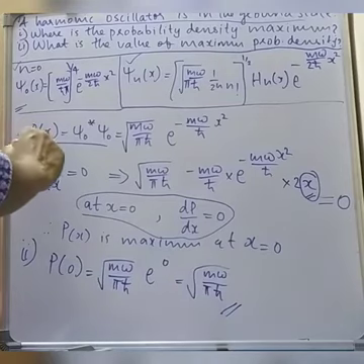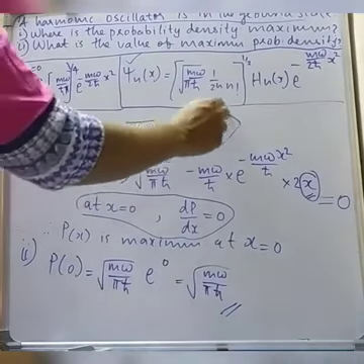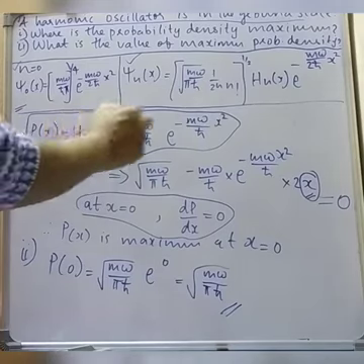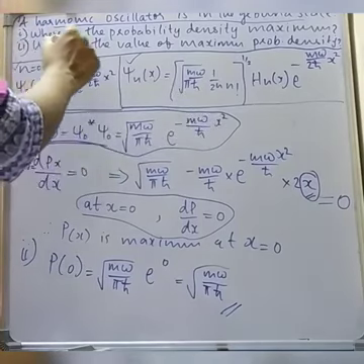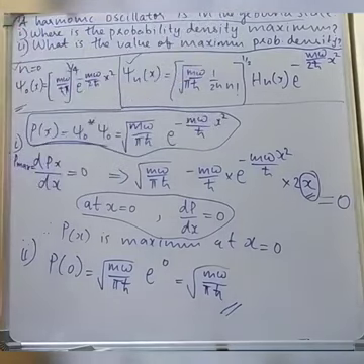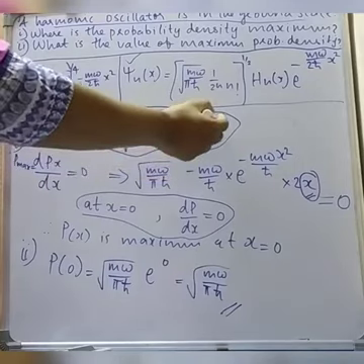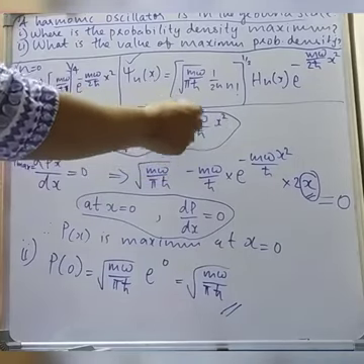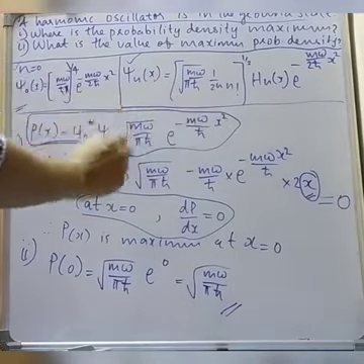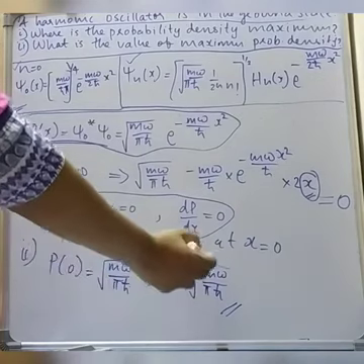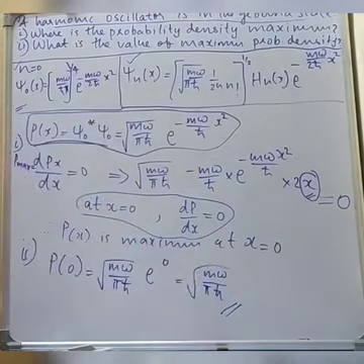Here we can apply x equal to 0 to find the second part: what is the value of the maximum probability? When we apply x equal to 0, we have e raised to 0, that is 1. So we have only this constant, that is P of 0 is square root of m omega by pi h cut.